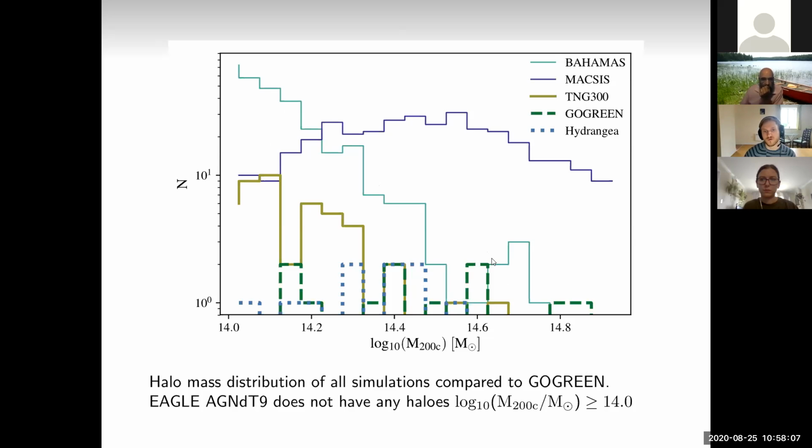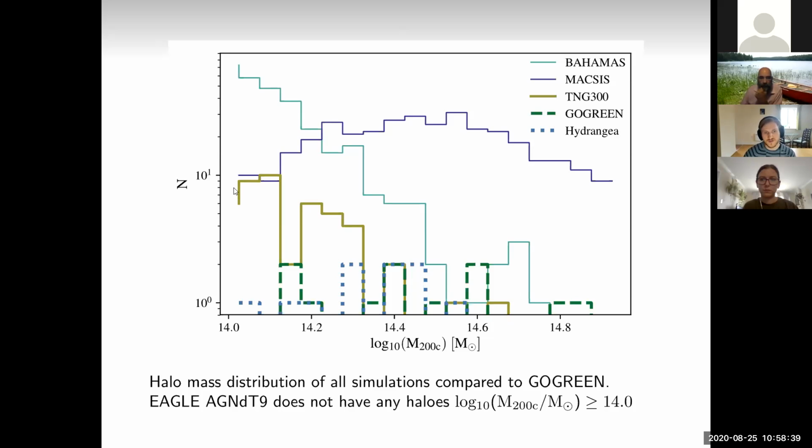And so in all of the plots that follow, I either plot a running median, or with an error bar attached to it, or if I compare directly to Go Green, I draw multiple samples of 11 halos from all of these to match the Go Green halo mass function, well, this distribution, and I can attach an error bar now. So there's a way to gauge the errors on the selection, because we have the numbers.